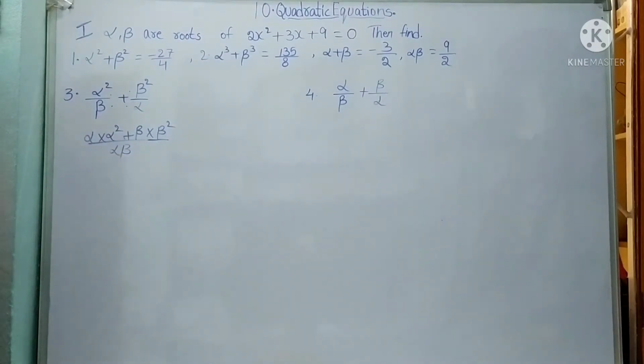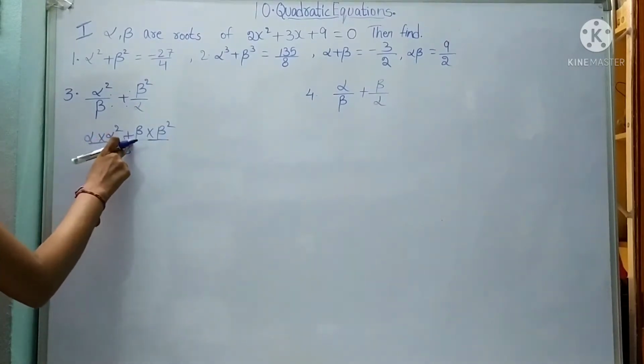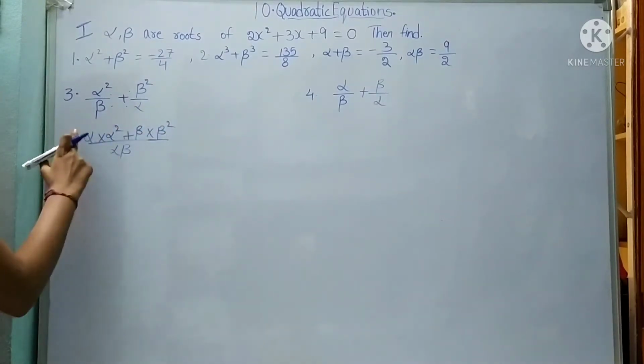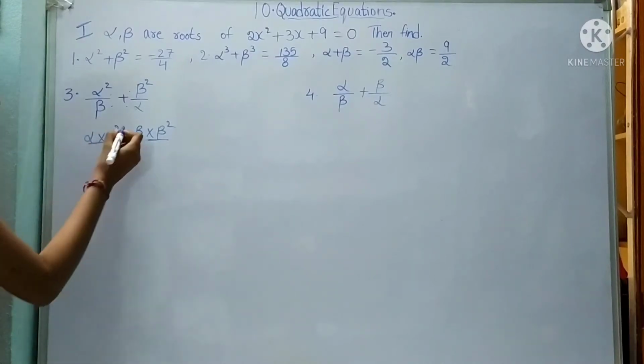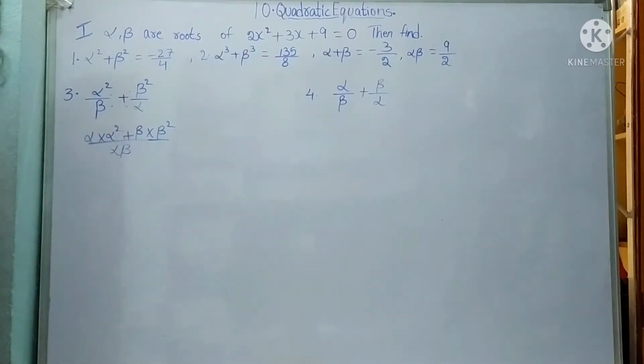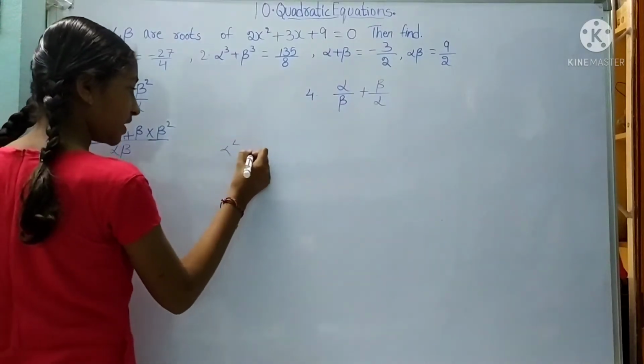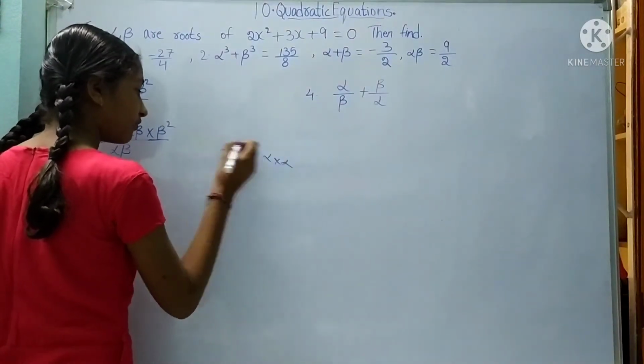See, alpha into alpha square: in alpha square how many alphas are there? Two alphas are there, alpha square means alpha into alpha.